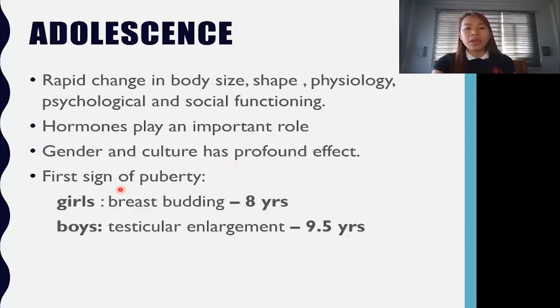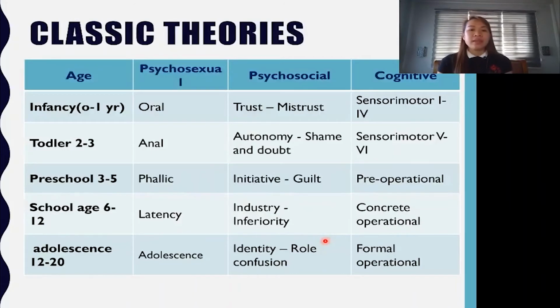So, now when we talk about the signs of puberty, take note, class, that it will occur earlier for women. So, breast budding. So, agpamukal sa Ilocano, di ba? So, 8 years old, nag-start na yan sa girls, and testicular enlargement naman, which is the first sign of puberty in men or in boys, at 9.5 years. Now, here we discuss class.